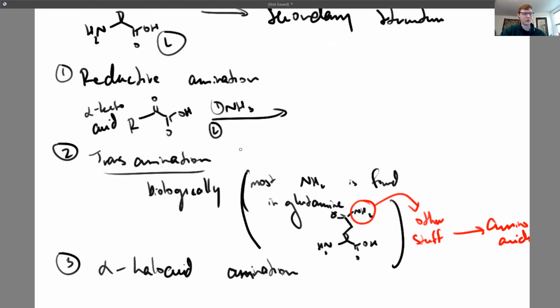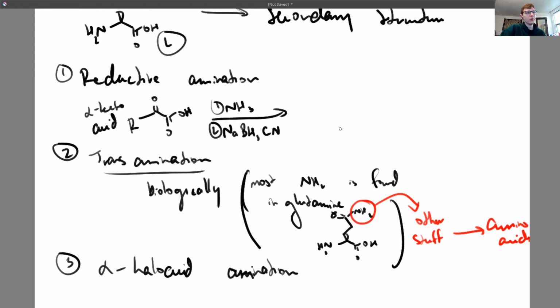You could pick your favorite one of choice. I think there's one that's like NaBH3CN, sodium cyanoborohydride or something like this. The 3 might be here or here. I can't remember exactly which one, but whatever your thing of choice is.